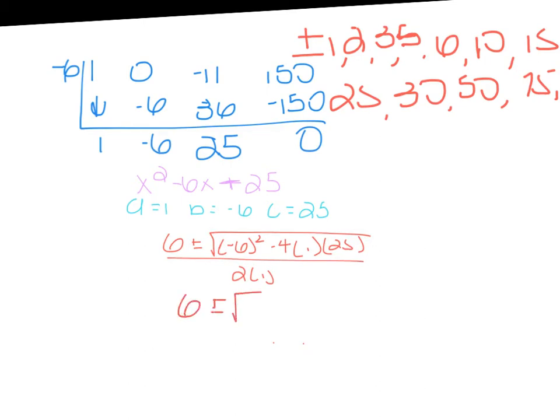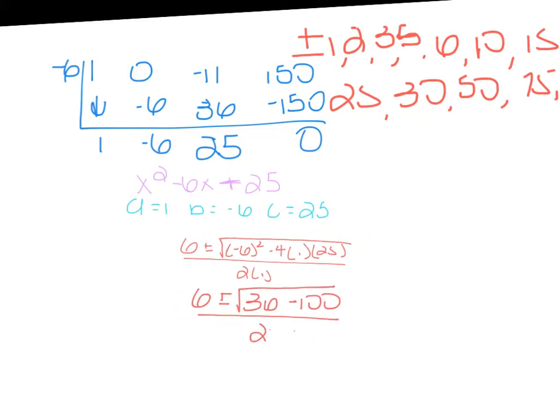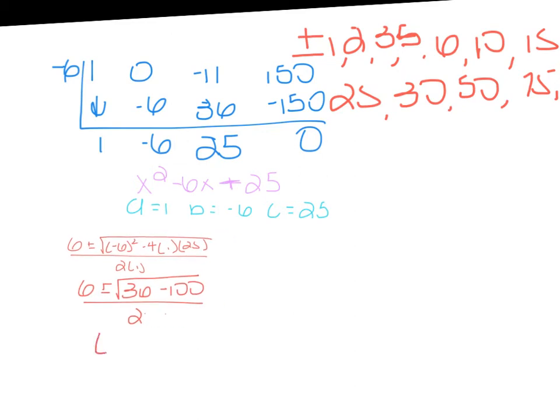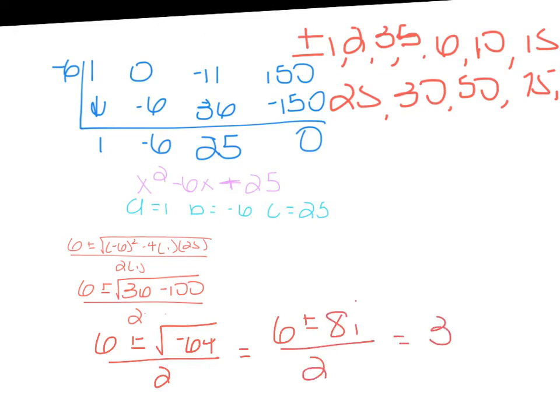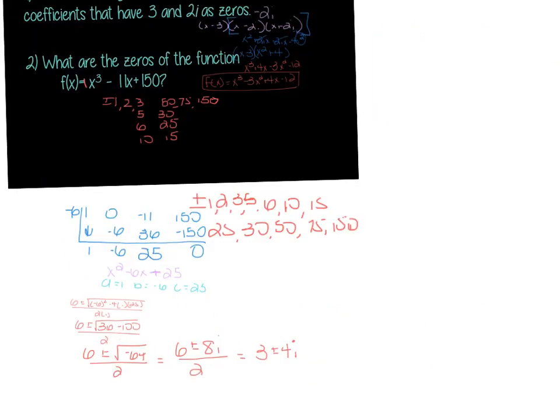Six plus and minus the square root of 36 minus 100, over 2, which is 6 plus and minus the square root of negative 64, over 2. The square root of negative 64 is what? 8i over 2, and I get 3 plus and minus 4i. All right, so now the question is, what are the zeros of the function? What's your answer?